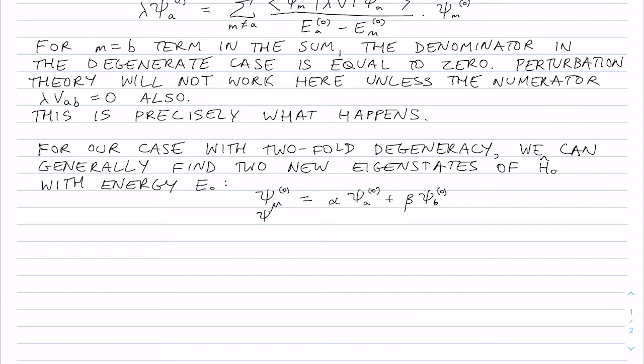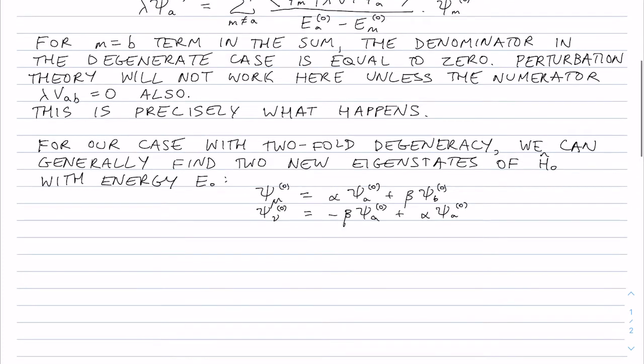And I can write one more. And we want to do this in such a way that V mu nu, which remember is just the matrix element, is equal to 0. So if we have this set up, then normal perturbation theory is okay, because the numerator will go to 0 in the same way that the denominator goes to 0.